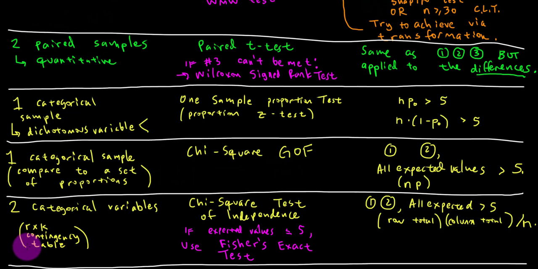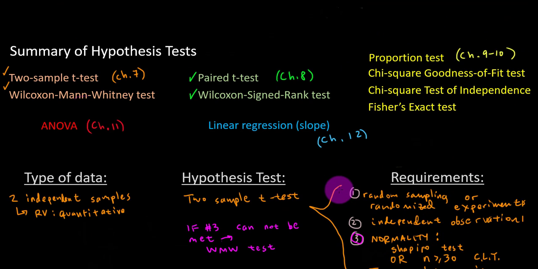Fisher's exact test generally is applied to 2x2 tables, but that was the only context that we saw those anyways. Okay, so scrolling up here, we check on this yellow portion.